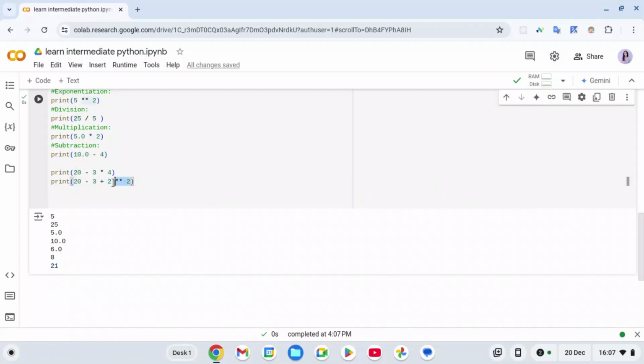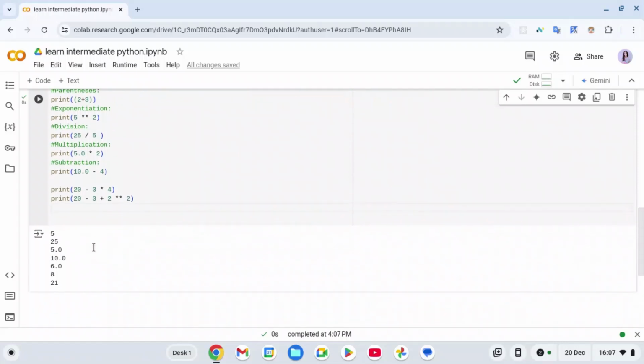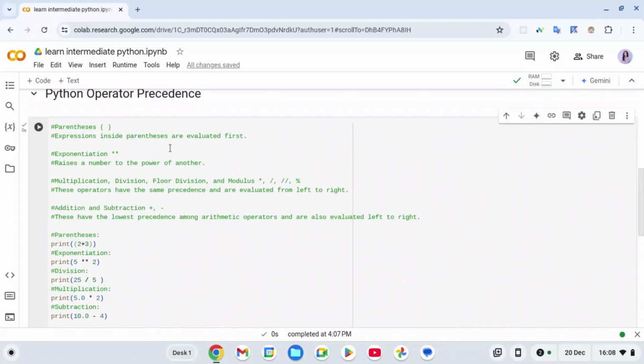First, we're going to do the power, since this is first in order in this example. Not in here, okay? In this example only. So we do 2 times 2, which will get 4. And then we do 20 minus 3, which will get 17. And then 17 plus 4 we'll get 21.